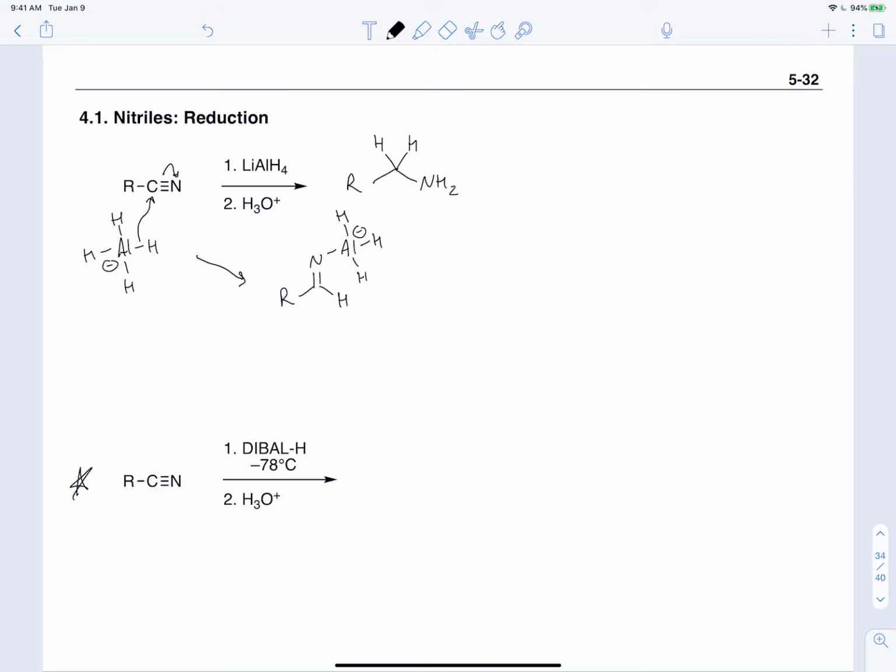So now we have an aluminum hydride that still has active hydrides. These are still quite nucleophilic, and they're very close to this electrophilic imine carbon-nitrogen double bond. So we can imagine this attacking intramolecularly. This gives us our second hydride addition. So both of those hydride additions came from the same original lithium aluminum hydride molecule.